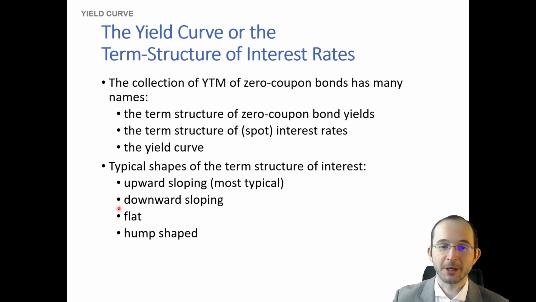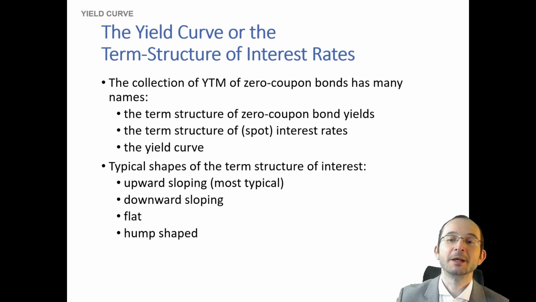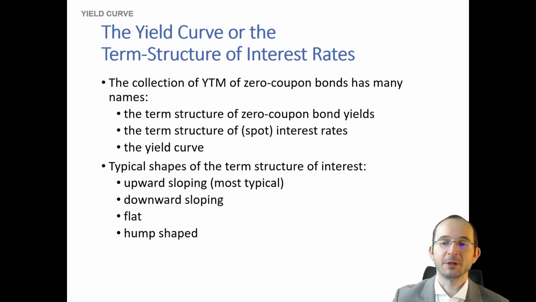But sometimes we might actually see a reverse relation. There might be a downward slope. Sometimes there's going to be a flat one. In other words, the yields at different maturities are all the same. And interestingly, sometimes they can actually be hump-shaped. In other words, it can be higher in some parts and then lower in others, or vice versa.